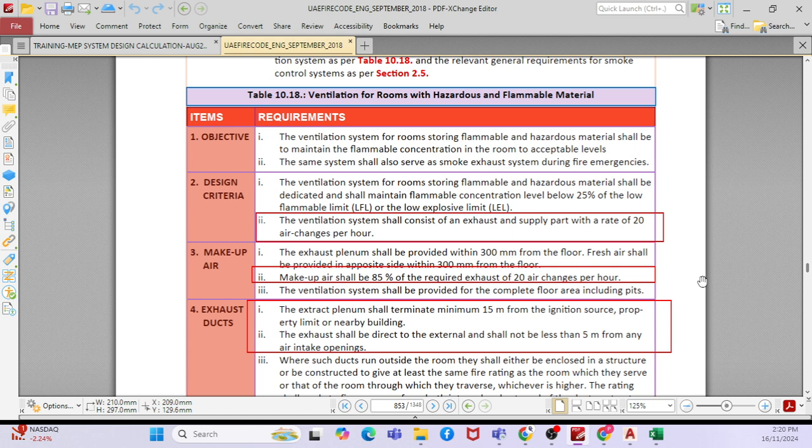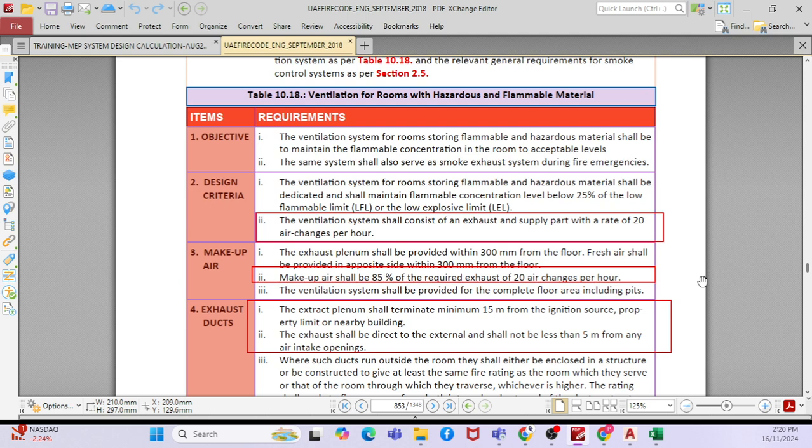But is this the case even for rooms protected by a clean agent system? Do they all come under this category or not? No, basically for fuel you cannot go with a clean agent. You will normally go with a foam system because it is class B. Yes, that's where I'm coming from.